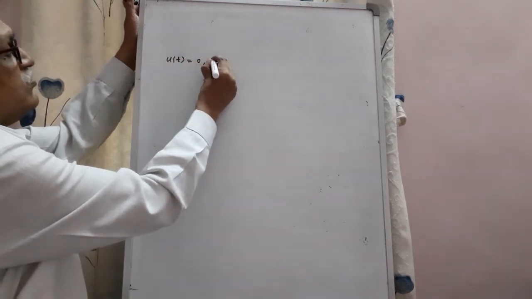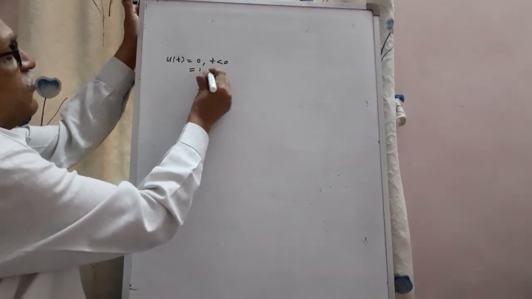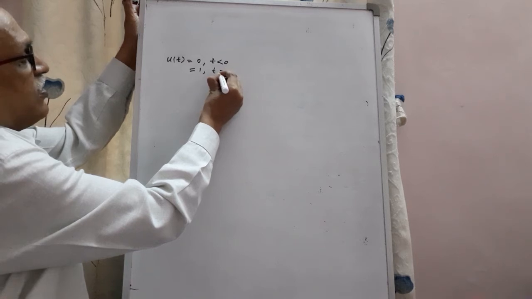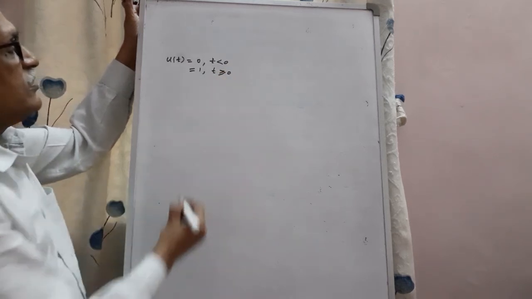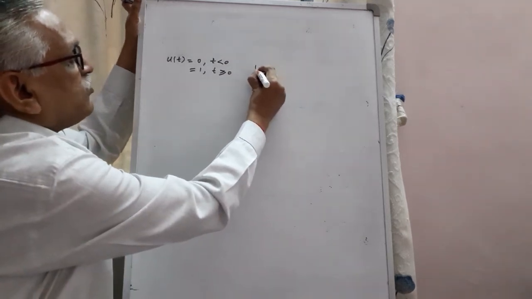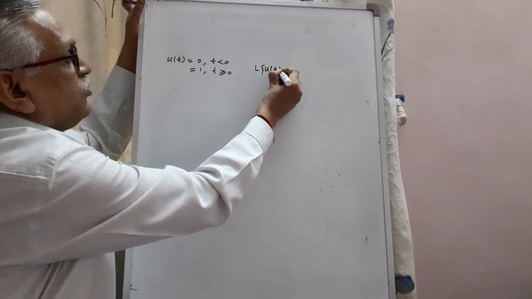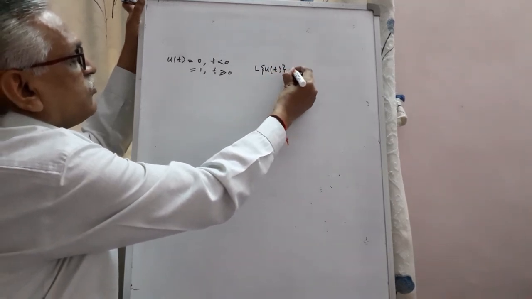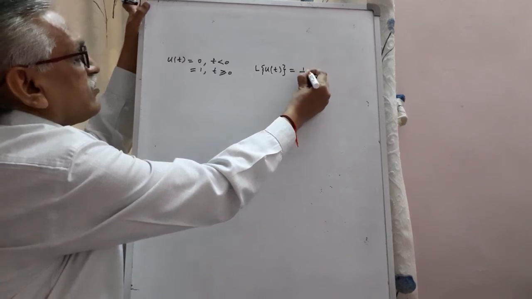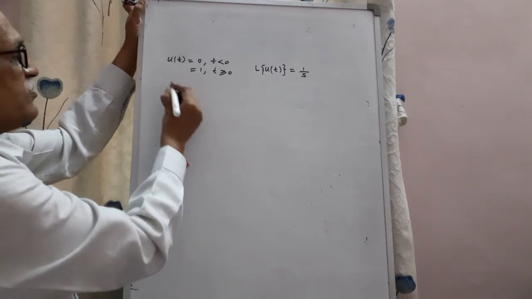Values are 0 for t less than 0 and value is 1 for t greater than or equal to 0. This is called the unit step function, and the Laplace of this unit step function is 1 by s. This is the first result we have.